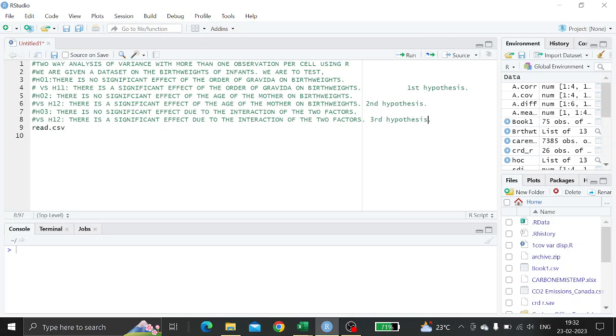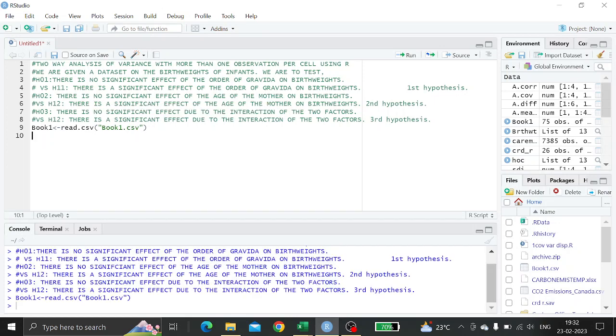So now we're going to use RStudio to perform the analysis of variance. For this, we use the read.csv function and just have a look at how R has read it.